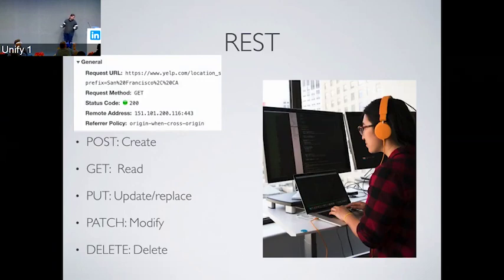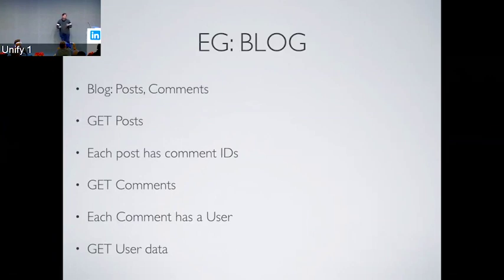So in a blog, for example, how this would work is your resources would be your blog posts and comments. So if you wanted to get all the posts for a blog, maybe you would send a GET request to an endpoint. You get all the post data. Now, each post might have a list of comments. Instead of sending down all of those comments, you might just send down the IDs of those comments.